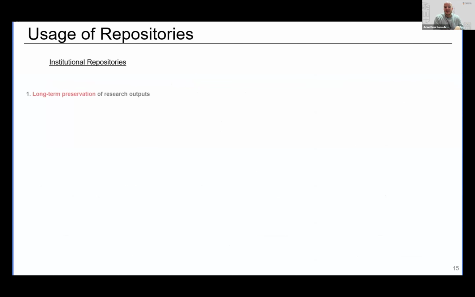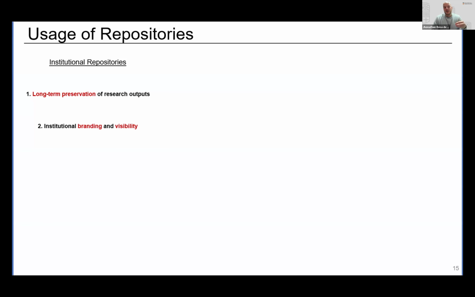So we have different kinds of repositories. The first one is institutional repositories, where you can have long-term preservation of the data. In institutional repositories, you can also add some branding for visibility.